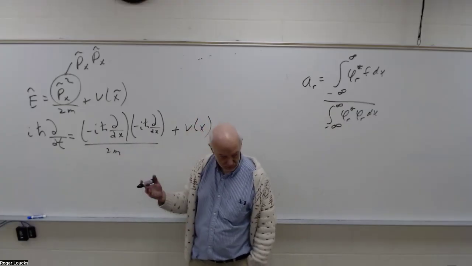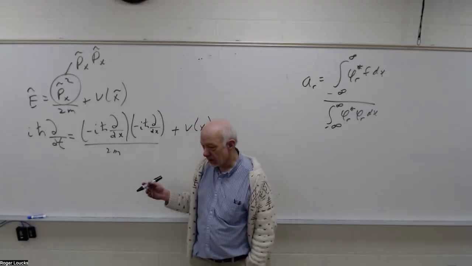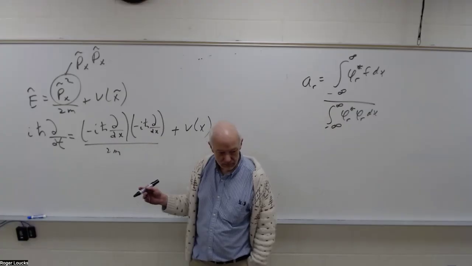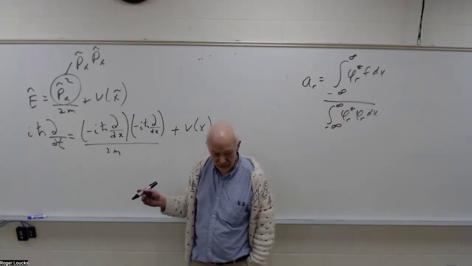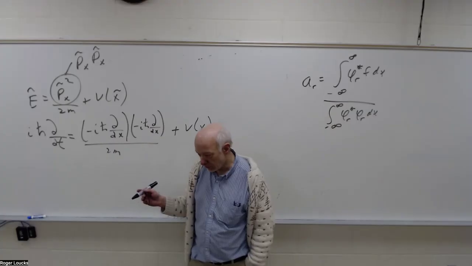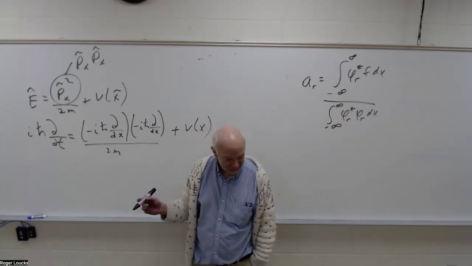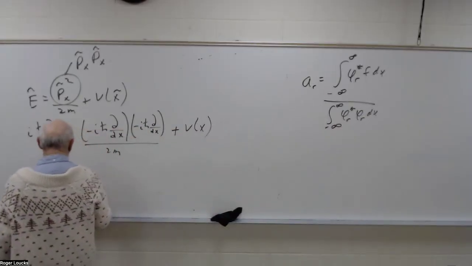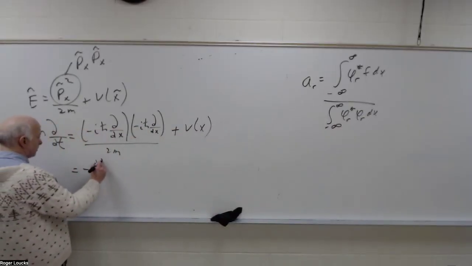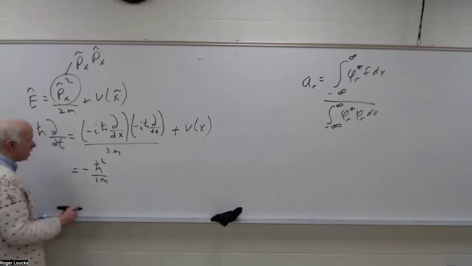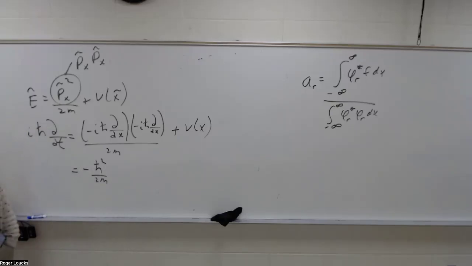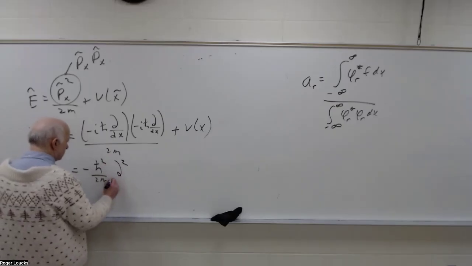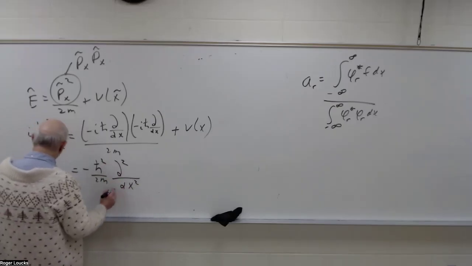Minus times minus is 1. i times i is i squared, but i is the square root of minus 1, so i squared is minus 1. Okay, divided by 2m here. So this gives me minus h bar squared over 2m. A derivative acting on a derivative gives me a second derivative, like this.